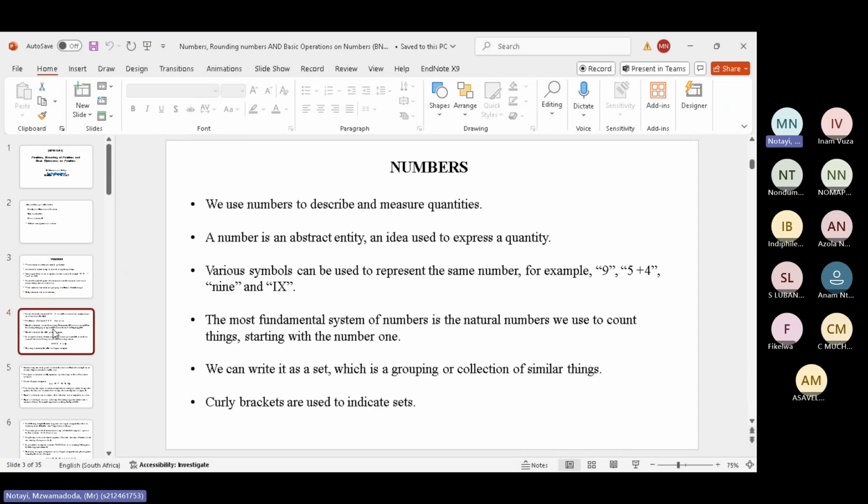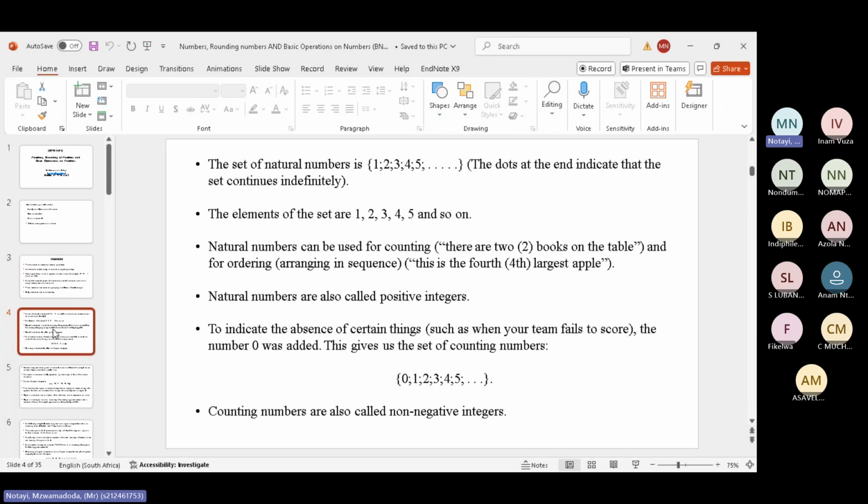The set of natural numbers has the curly brackets enclosing 1, 2, 3, 4, 5, and the dots. The dots at the end indicate that the set continues indefinitely, up to infinity. The numbers inside the curly brackets are known as the elements of the set.